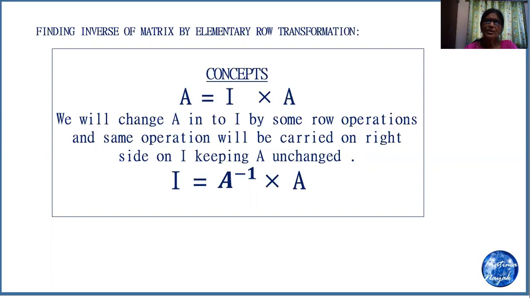So at last we reach the expression where on the left side I get the identity matrix, and we know that the identity matrix is equal to the inverse matrix multiplied by the same matrix. So automatically I'll get the inverse. This is the concept.